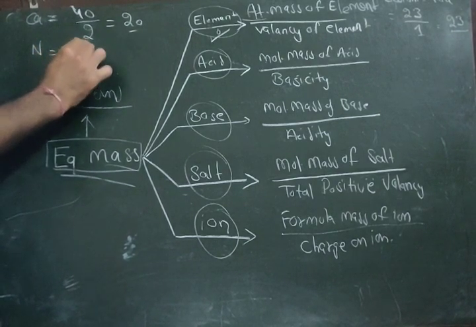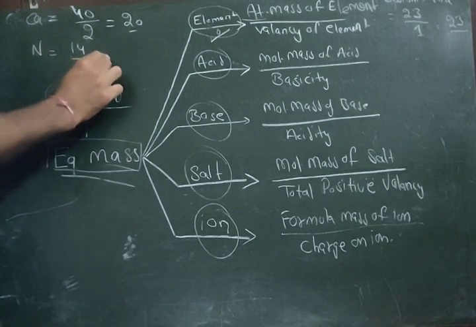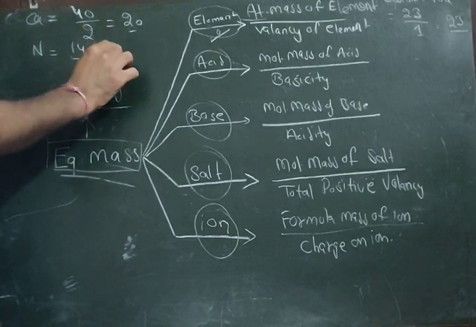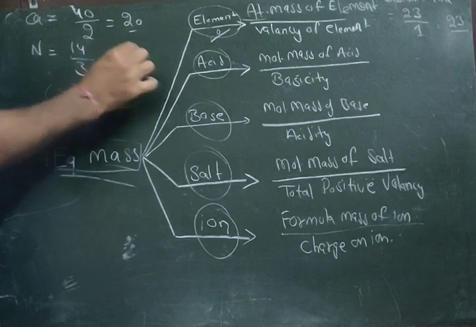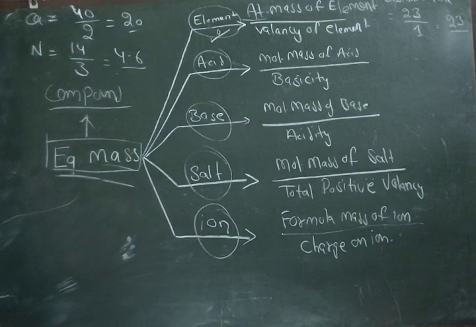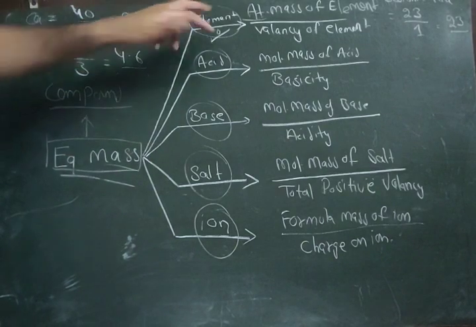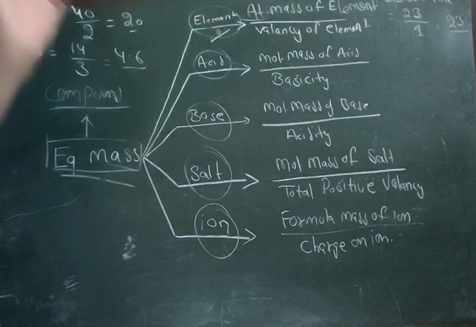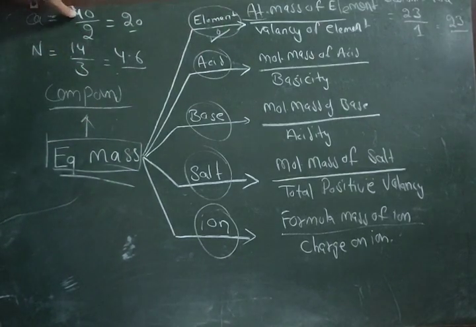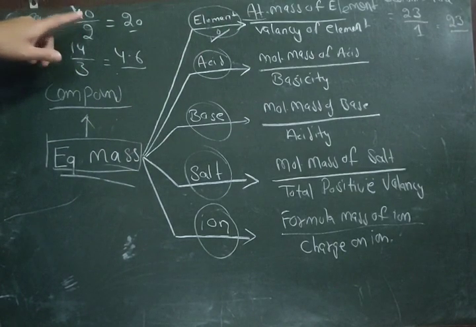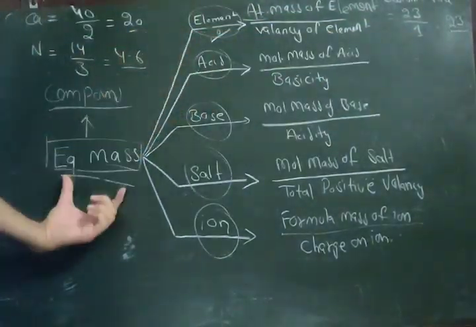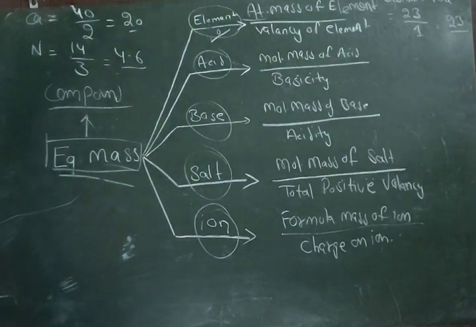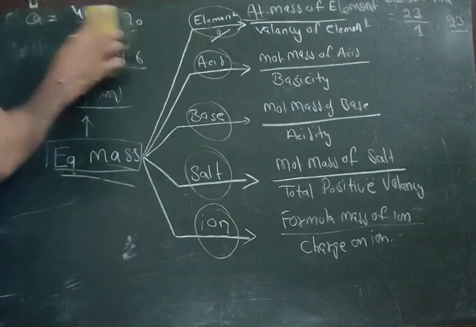The atomic mass is 14 and the valency is 3, so the equivalent mass will be around 4.6. This is the calculation of equivalent mass for an element: just the atomic mass divided by the valency. If the valency is 1, the atomic mass and the equivalent mass are the same. Fine? Easy? Okay.